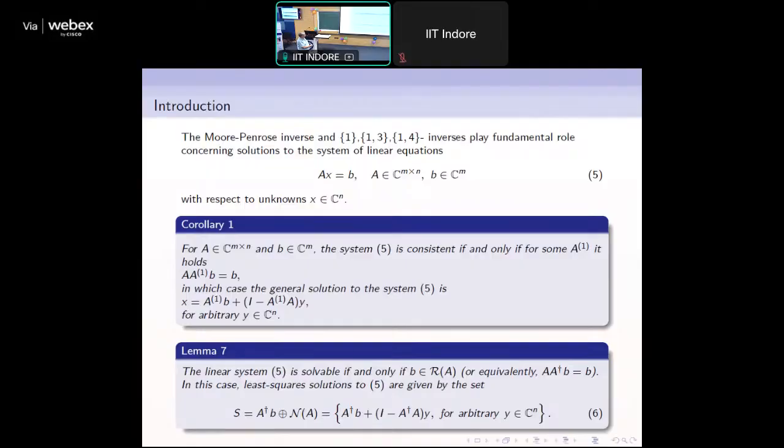We can try. AX is equal to A1B plus something. What will we have if we multiply this by A from the left? A minus A1A, which is 0.